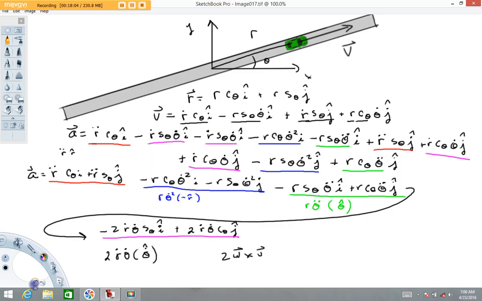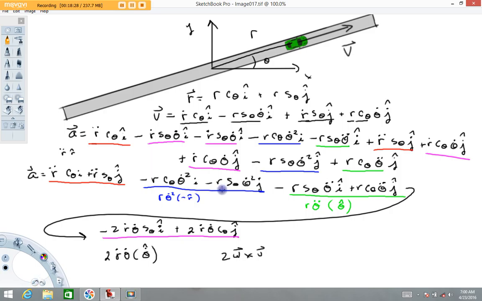That's going to give us a centripetal acceleration inward. Within all this work that I did here, that's this term right here. And again, the inward, when you do the minus cosine theta i minus sine theta j, there's your minus r hat direction. So we've got our centripetal term.